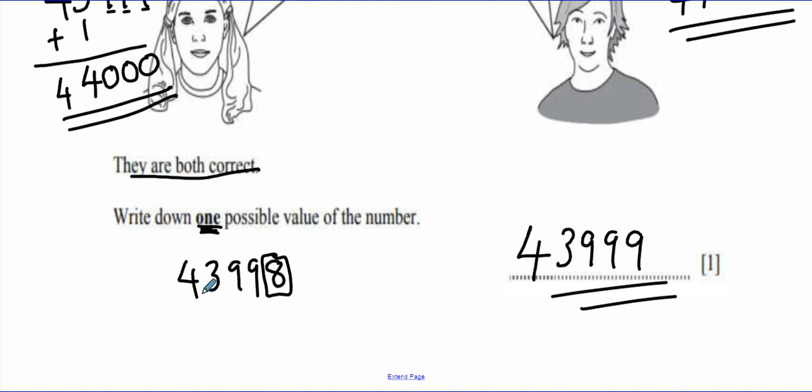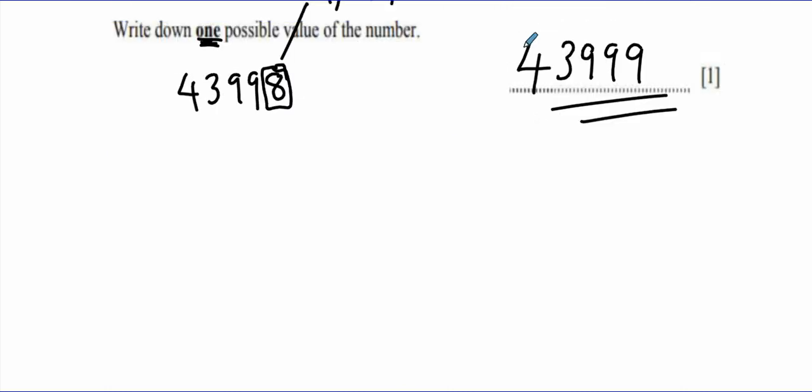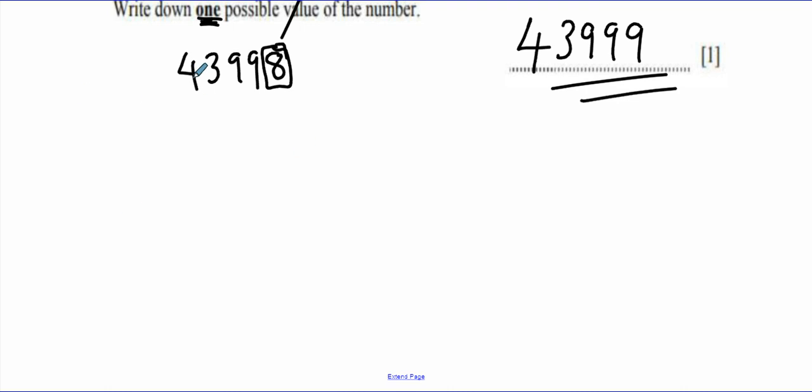The first four digits should be 4399, but the last digit must be either a 9 or 8 or 7 or 6 or 5, but not below 5.